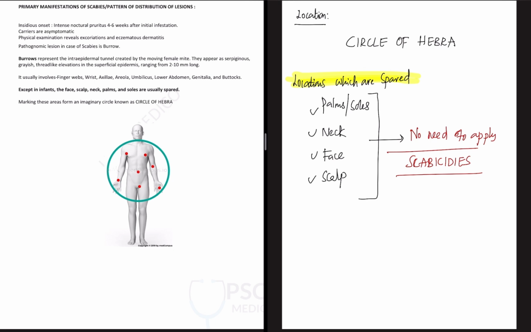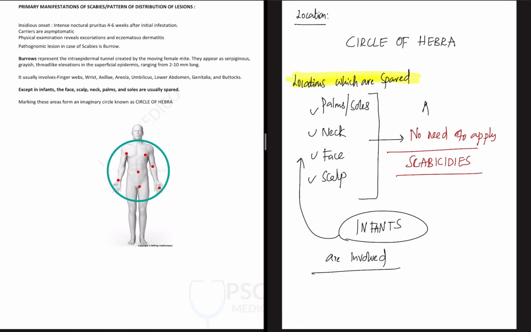But this is not true always. In infants, even these areas are involved, but in adults, these areas are spared. That's why there is no need to apply scabicides.